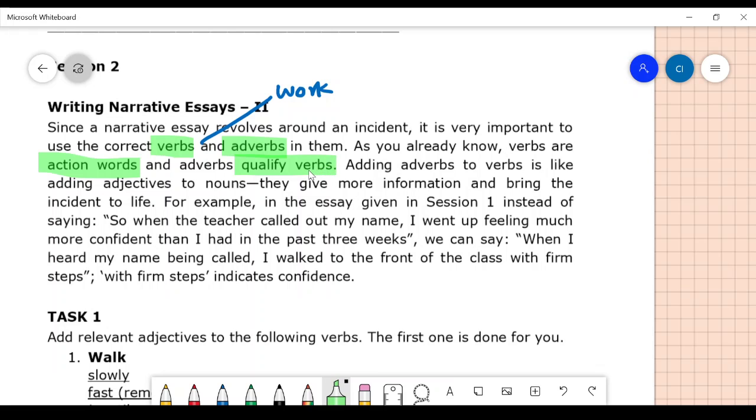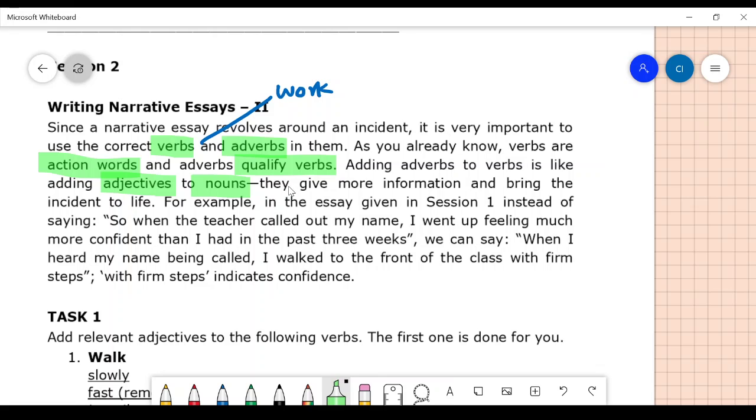Sitting by itself doesn't contain any meaning there. So I am continuously sitting or I am continuously taking class means it qualifies. Adding adverbs is like adding adjectives to nouns. I think grammar will be dealt with by a separate teacher. I'm not going to give much detail about adjectives, nouns, verbs and qualifiers.